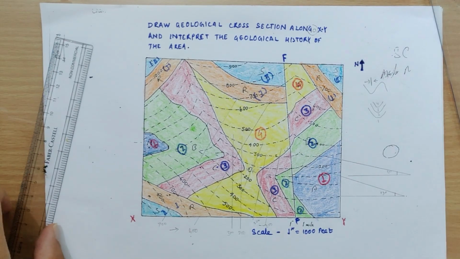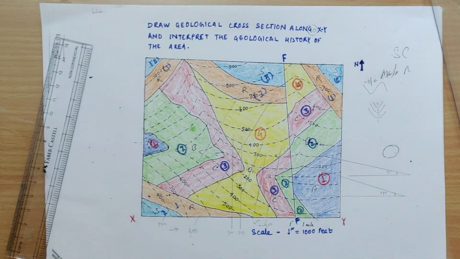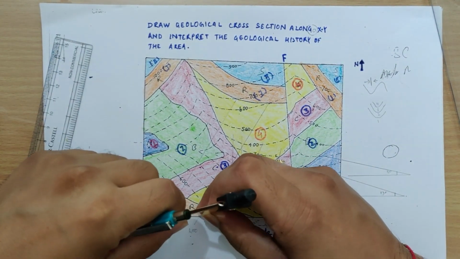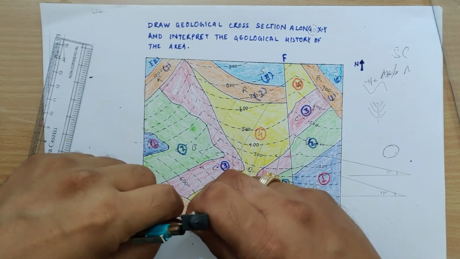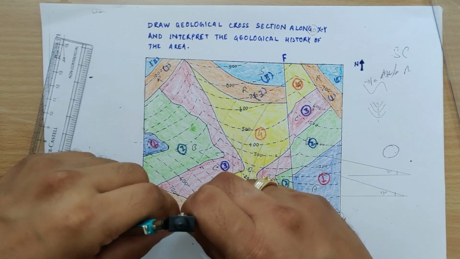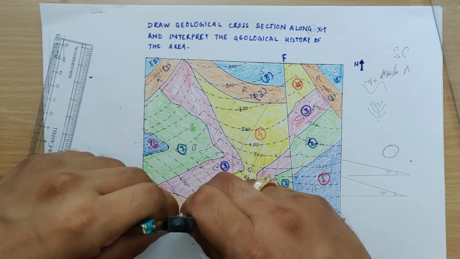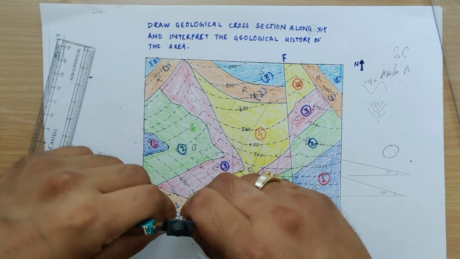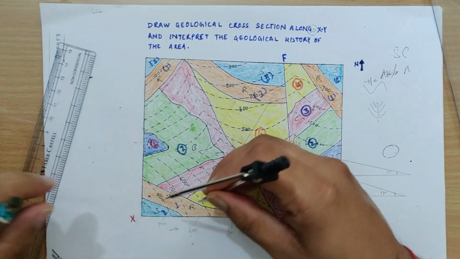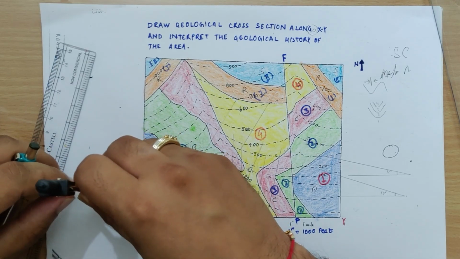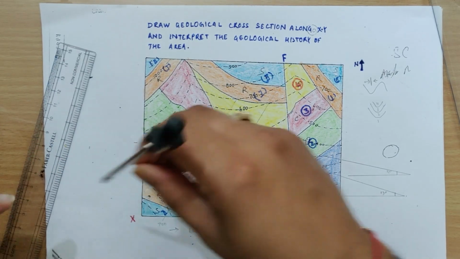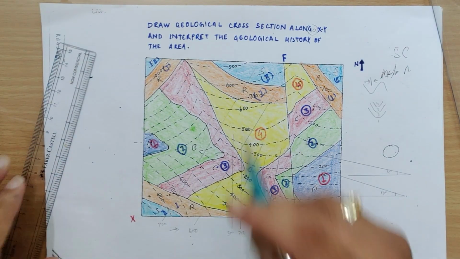Now let's determine the amount. In order to determine the amount, we need to measure this distance, that is equal to HE, in this direction. So here we can measure it and draw it.